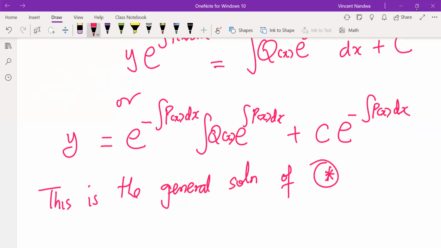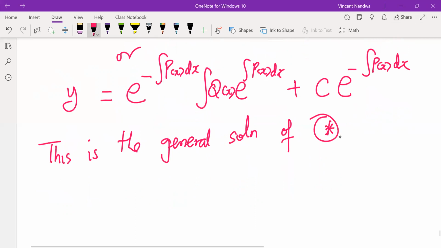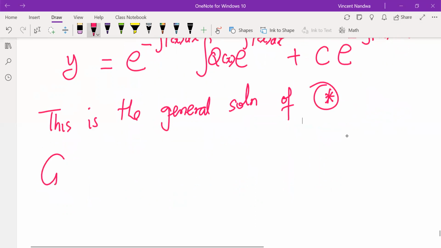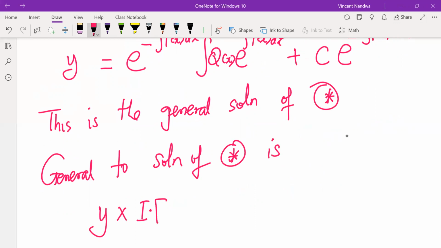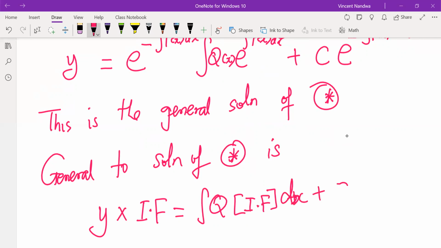So generally now, the solution of star is y times the integrating factor equals the integral of q times the integrating factor with respect to x, and then plus c.